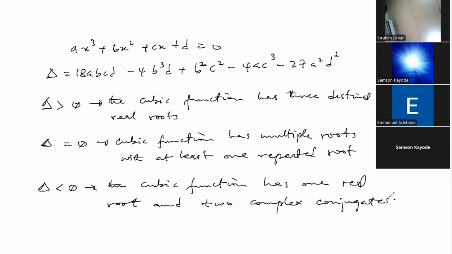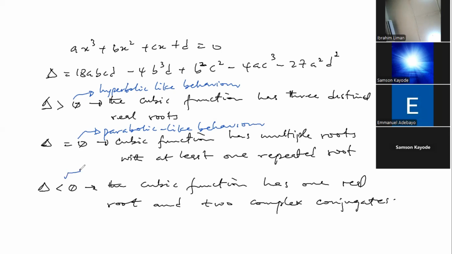Okay. And once again, just like we established earlier, when the discriminant is greater than 0, we know we are dealing with some hyperbolic-like behavior. And when it is the same as 0, we are dealing with some kind of parabolic-like behavior.